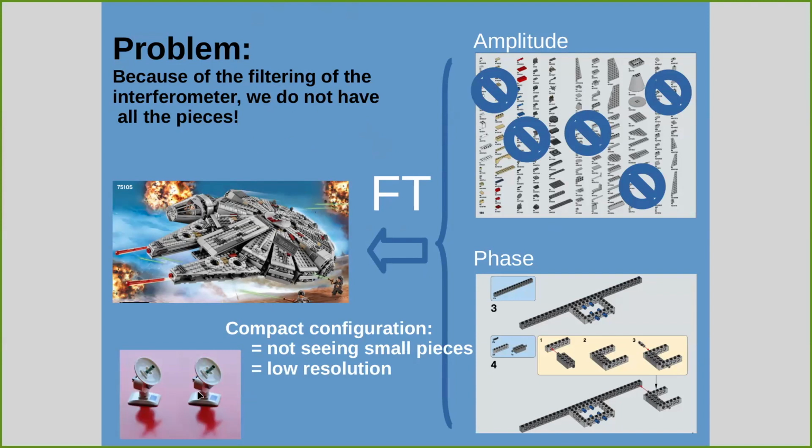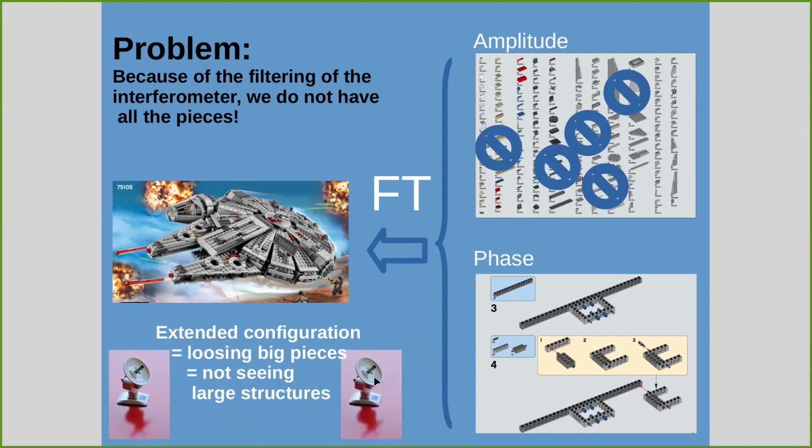So now imagine that you have a compact configuration with all the antennas close to each other. That would be equivalent to not being able to see the small pieces. So now you don't have all the small pieces here, and you cannot see the very beautiful details in your spaceship. So you have a limit of low resolution.